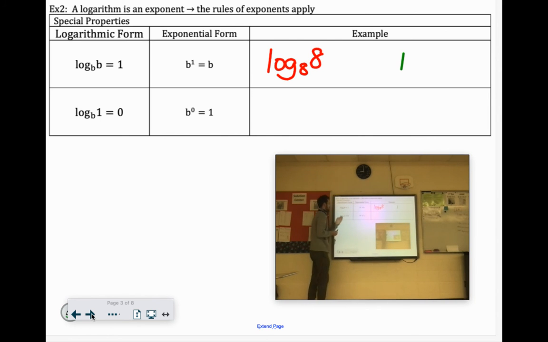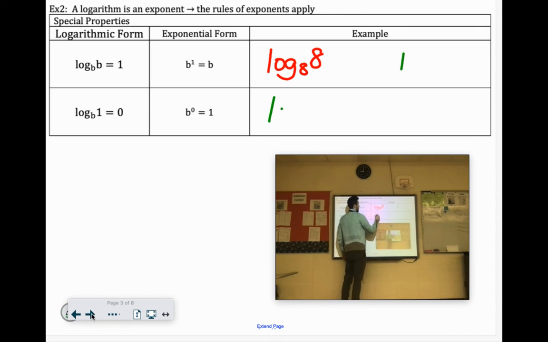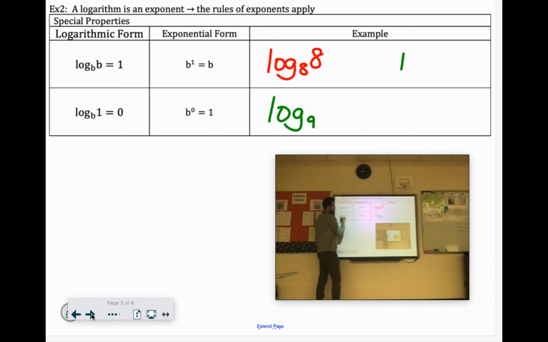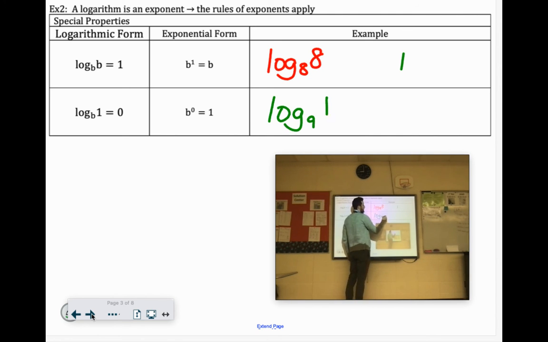So if we have something equal to 0, that means the exponent is 0. So if it said log base 9 of 1 and it said evaluate that, well, 9 to the what power equals 1? So anytime the big number here, the answer, is 1, then your exponent would be 0.